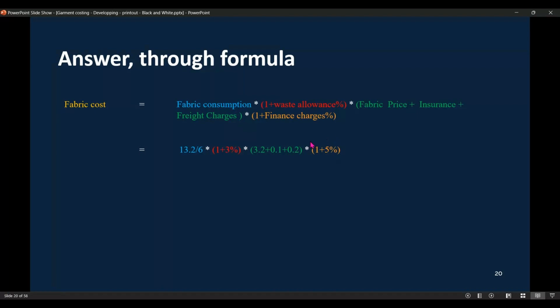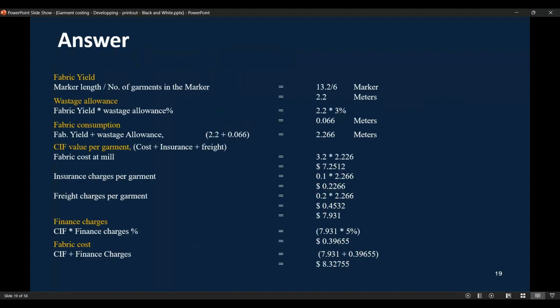And here, the finance charges, 1 plus 5%, should also be inside the brackets. Here the answer is 2.2, here 1.03, into 3.5, and 1.05 here. Answer 8.32755, the same as the previous answer.